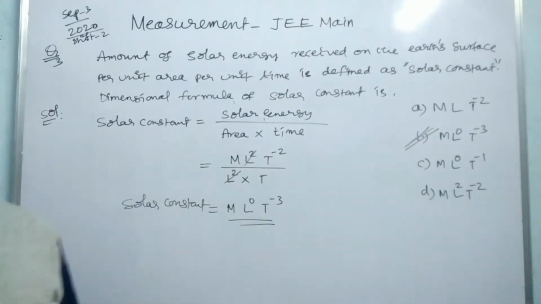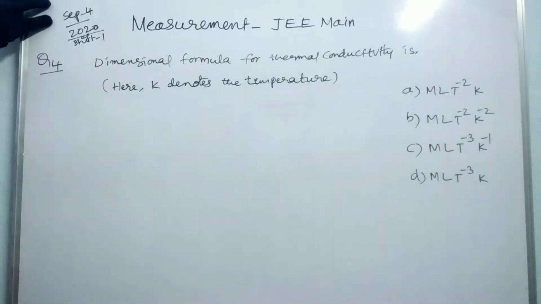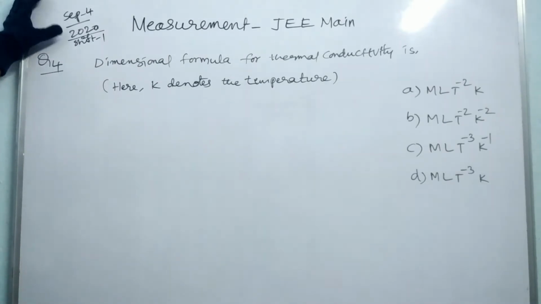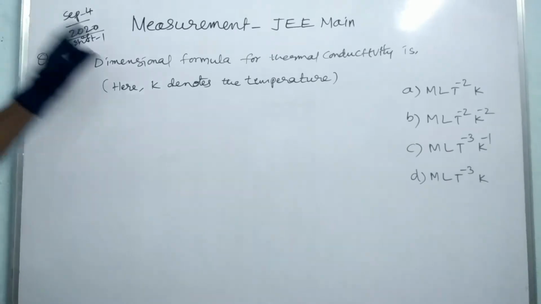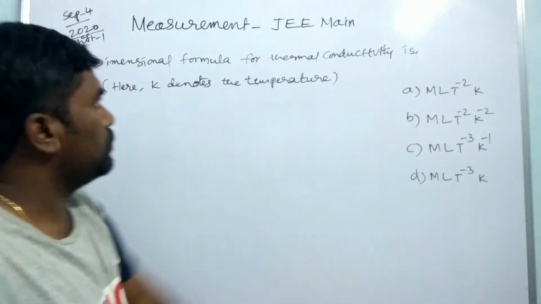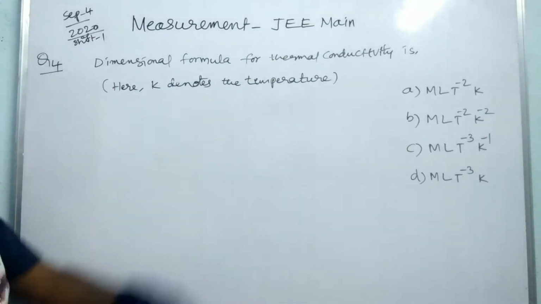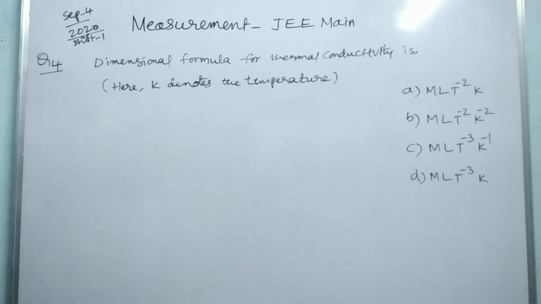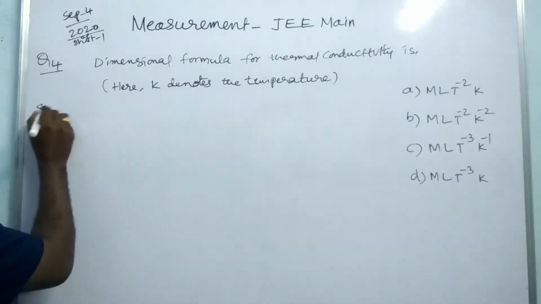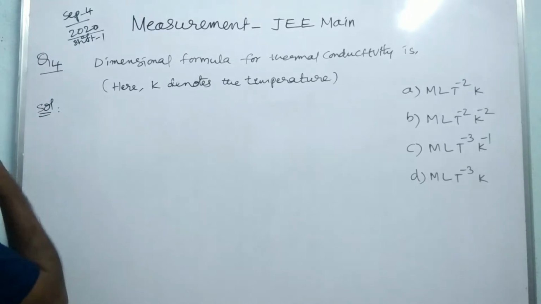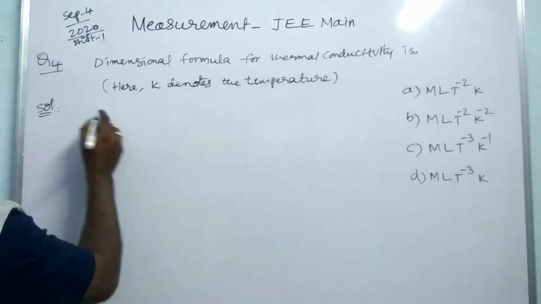Right. Now the next question, that is the fourth question, which was asked September 4, shift 1. The dimensional formula for thermal conductivity is, so here K denotes the thermal conductivity. There are 4 options given.